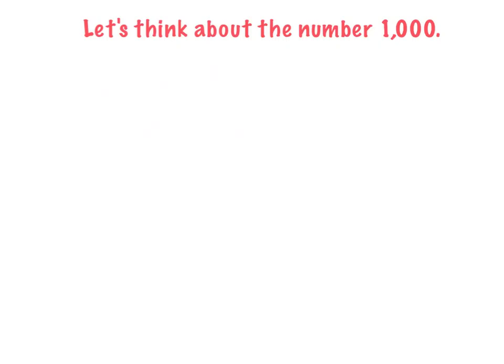So now let's think about the number 1,000. 1,000 has 3 zeros. 1, 2, 3. That means that we're moving 3 place values. Every time we move a place value, we're really multiplying by 10. So 1,000 is the same thing as 10 times 10 times 10.